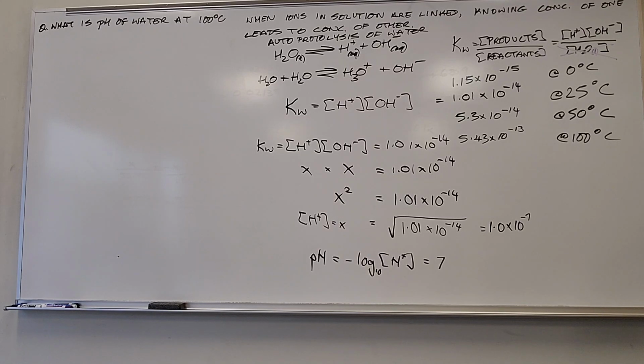Kw is the concentration of H plus hydronium multiplied by the concentration of OH minus hydroxide. They both have to be the same number. For pure water, they both have to be the same number.